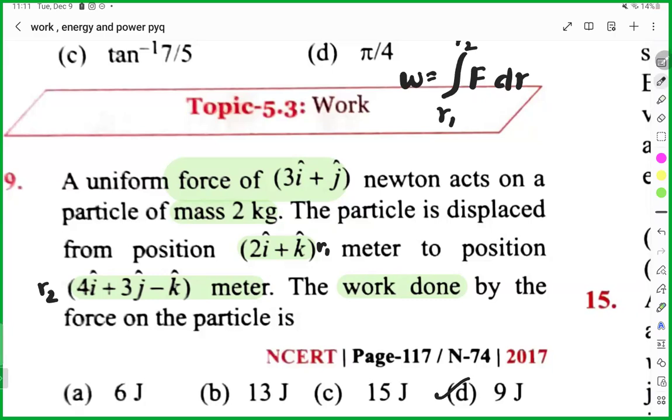Yeah, make it fast. So 9 joules. Sarah, what is your answer? 9 joule.